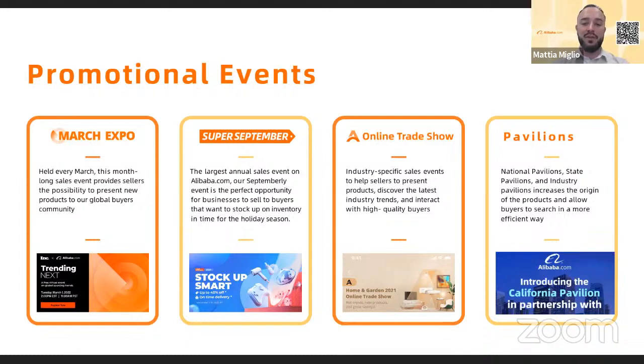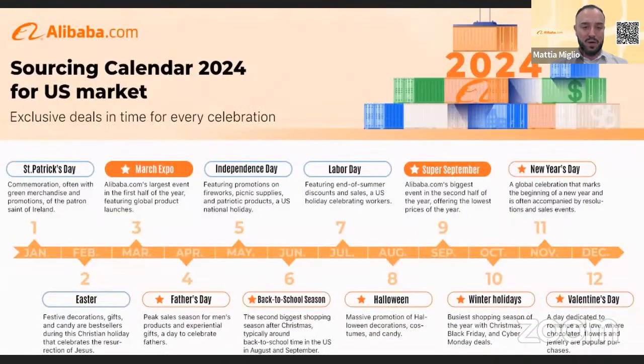If you go to the footer of Alibaba.com, you will find, for example, the US pavilion, the Italian pavilion, the French pavilion. These are pavilions of national-based companies that are promoting and selling their products on Alibaba.com to global buyers.